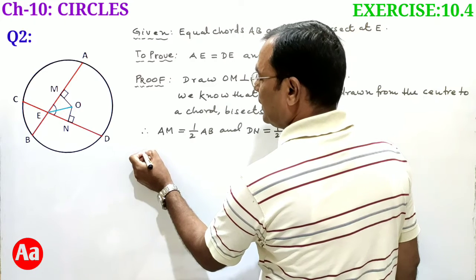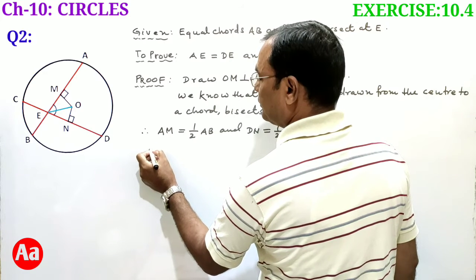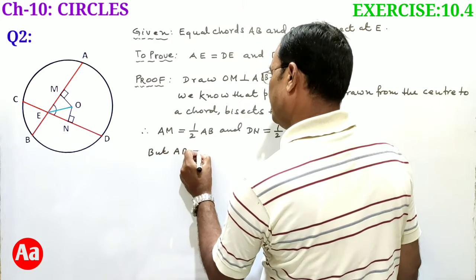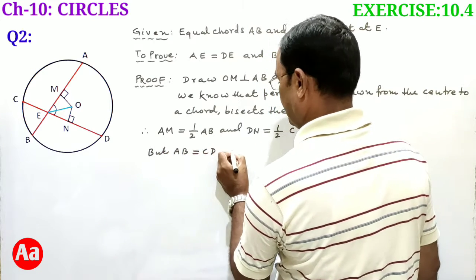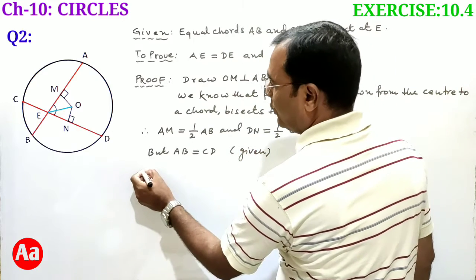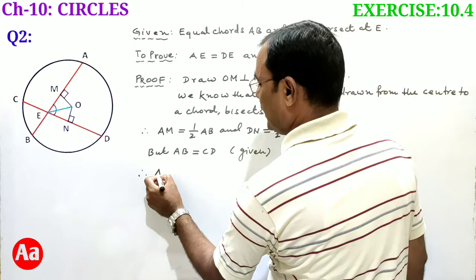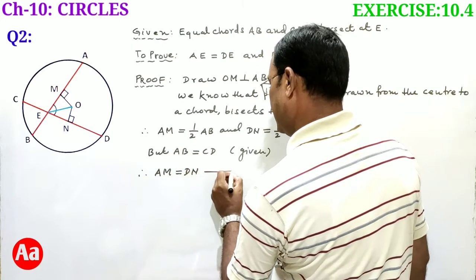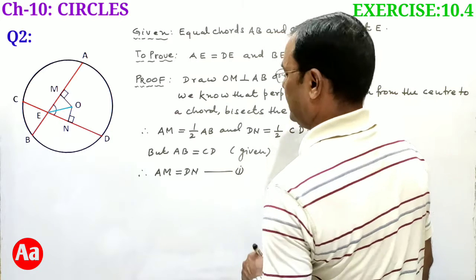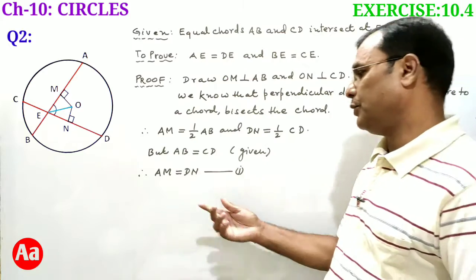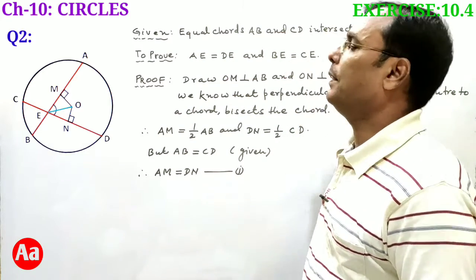But AB is equal to CD, it is given. Therefore, AM is equal to DN, let it be number 1. Now we are going to prove triangles OME and ONE congruent.